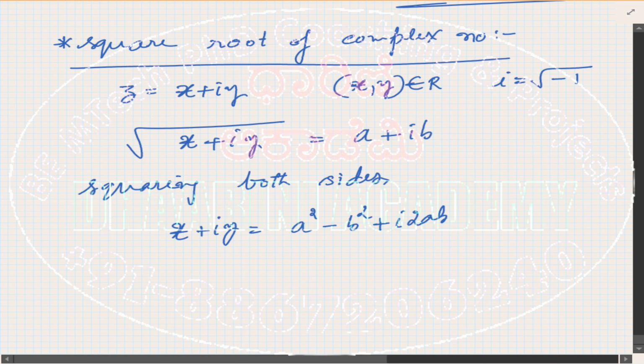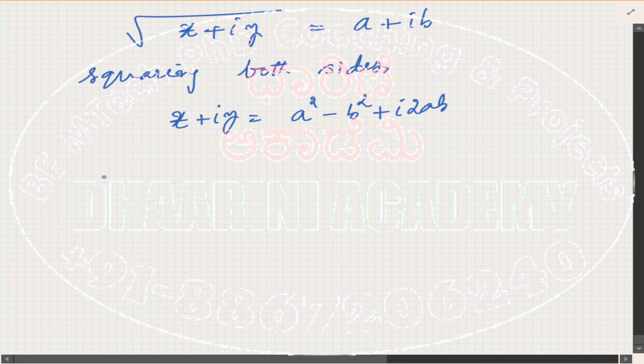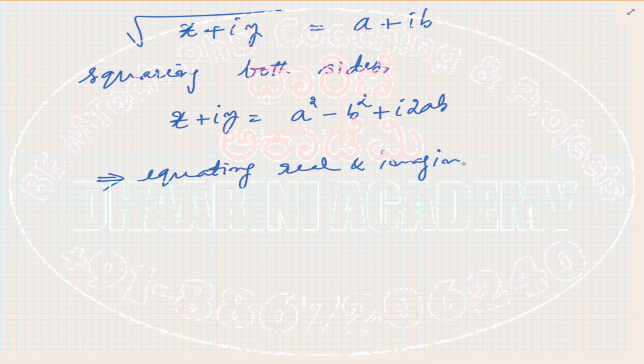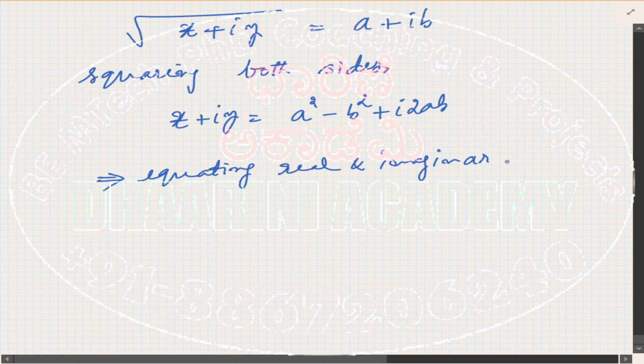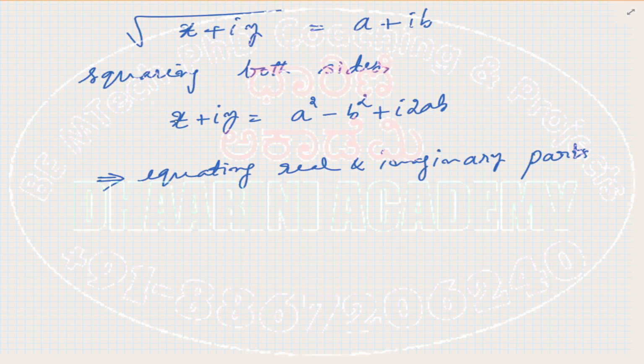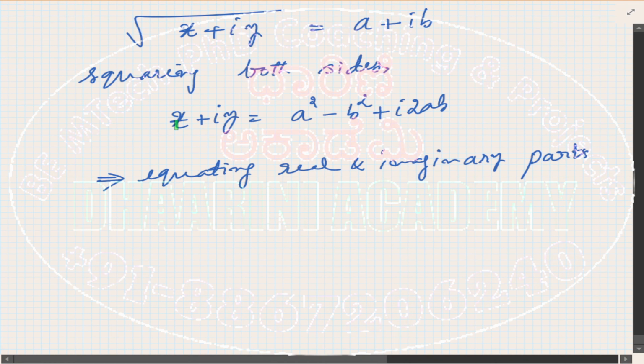Right. This means when I compare the real and imaginary parts of both sides, I get the following. So equating real and imaginary parts of both sides. What is a real quantity? Real quantity is this x, and a square minus b square is real.